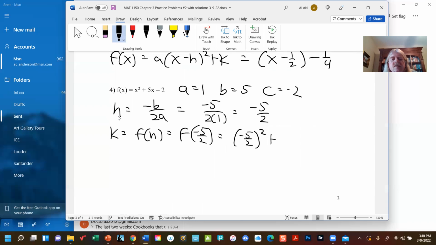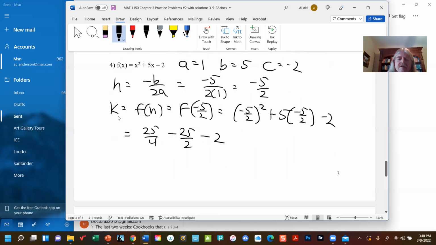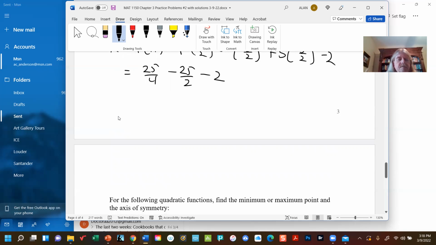Negative 5/2 squared plus 5 times negative 5 over 2, that's 25/4 minus 25/2 minus 2. So the common denominator here is 4, and that's the best choice, I think. 25/4 minus 50/4 minus 8/4 would be minus 33 over 4. That's our k.